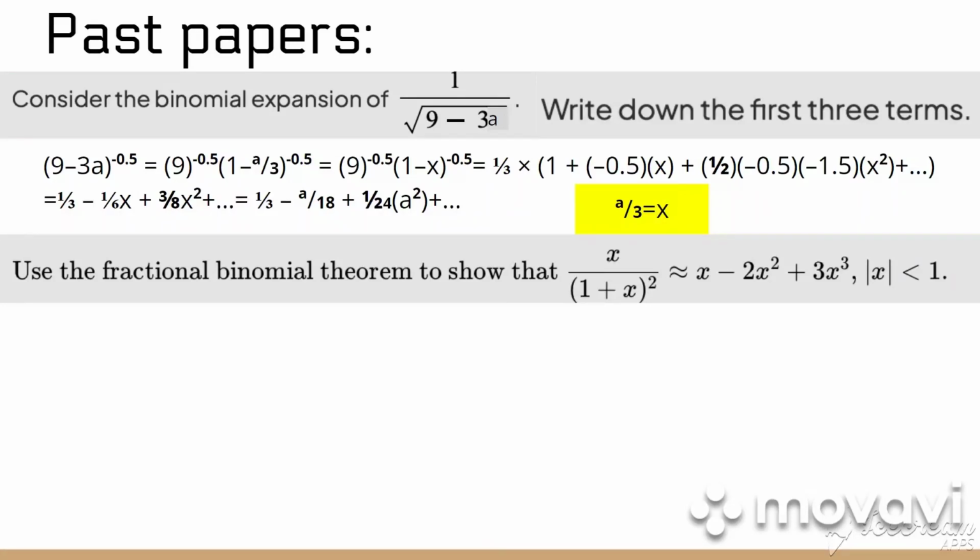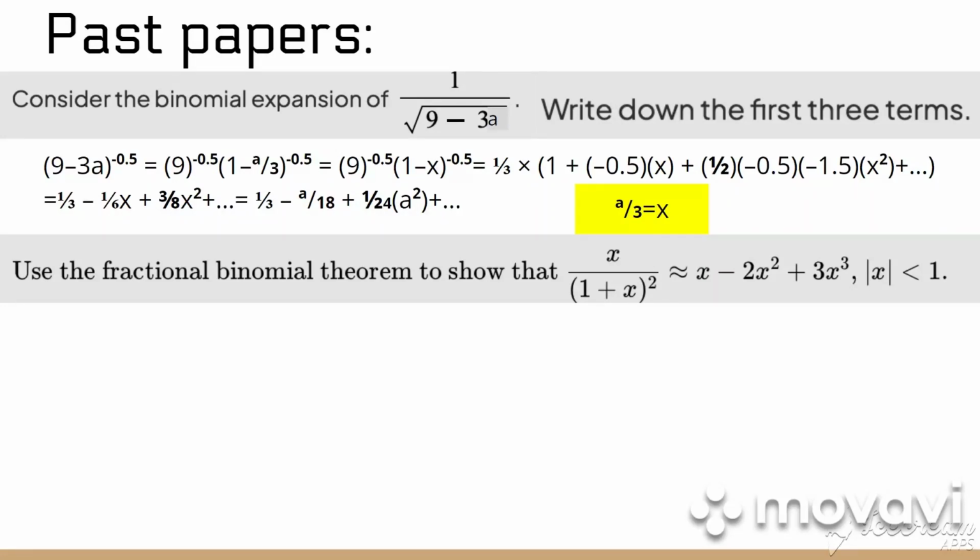But if we again change x to a divided by 3, we'll get 1 divided by 3 minus a divided by 18 plus 1 divided by 24 a squared, and so on. But we only need first 3 terms as is written in the task.